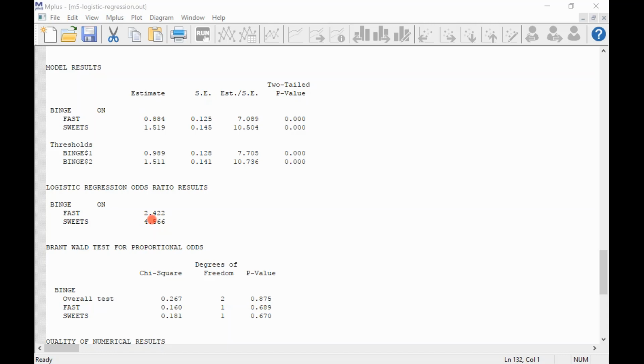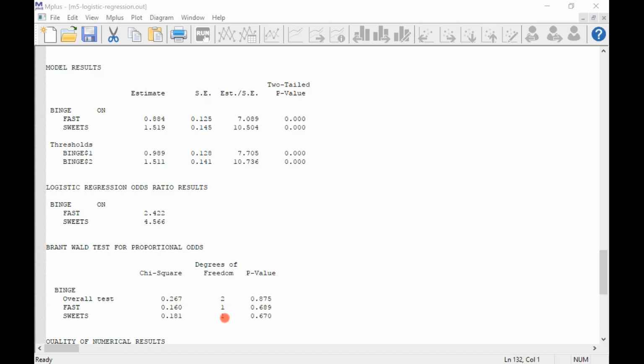Now, in order to see whether this was a good assumption to make, what you can do is check the Brant Wald test for proportional odds. You get this just underneath here. So, if the chi-square tests are not significant, then the proportional odds assumption was met.